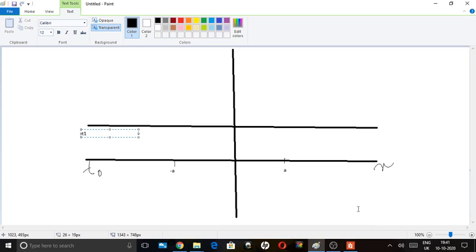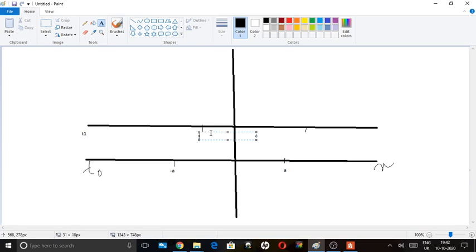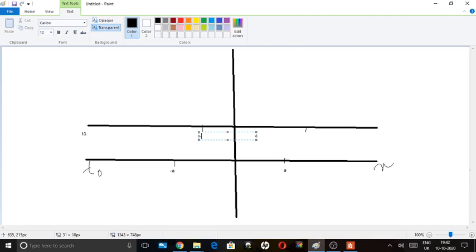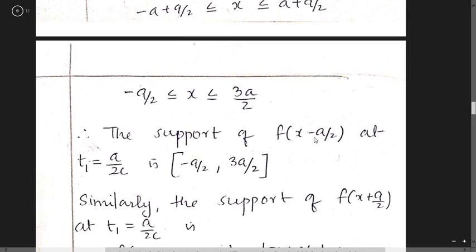So minus a by 2 comes here and 3a by 2 comes here. So mark those points. Minus a by 2, this one is 3a by 2. So we have marked the support of f of x minus a by 2.